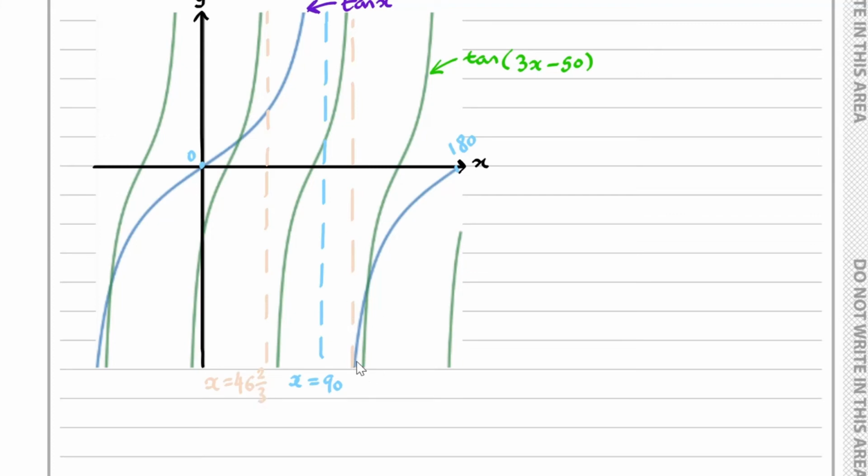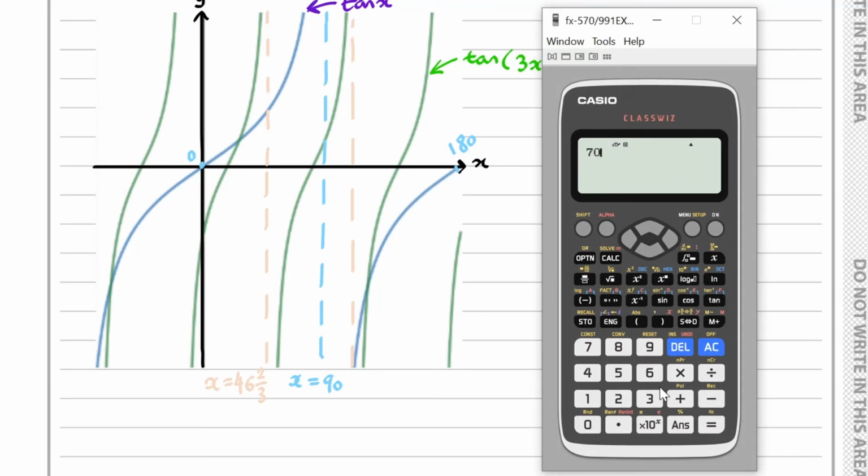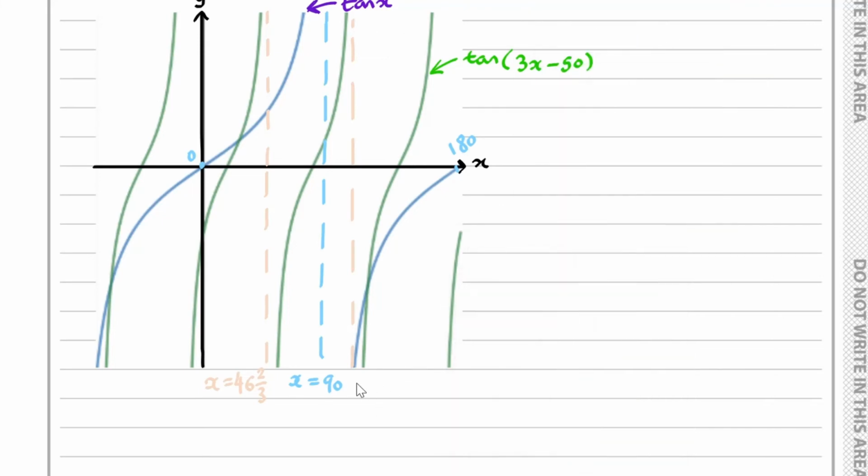And for the other asymptote, this next asymptote occurs at 270. So 270 plus 50, and then dividing this by 3, we end up with 106.6, etc. So here we've got x equals 106 and 2/3. So that's that done. So those are those graphs, okay?